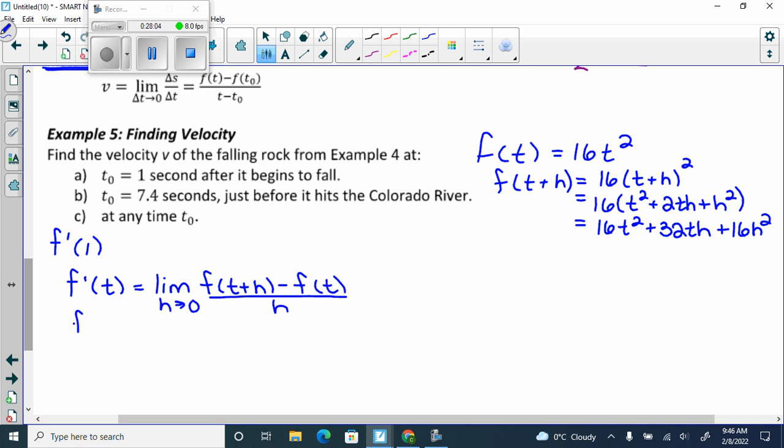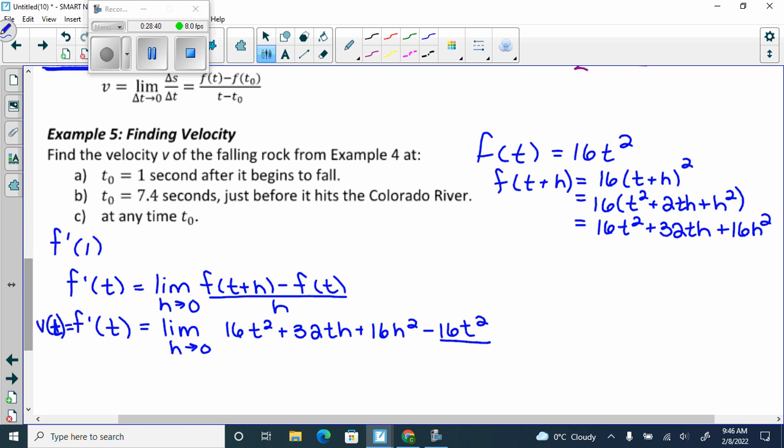So I'm going to get f prime of t, which they can call v of t, because it's the velocity, not v of 1 yet since we're not filling in a 1 yet. So we have the limit as h approaches 0 of 16t squared plus 32th plus 16h squared minus 16t squared, because that's f of t, all over h.